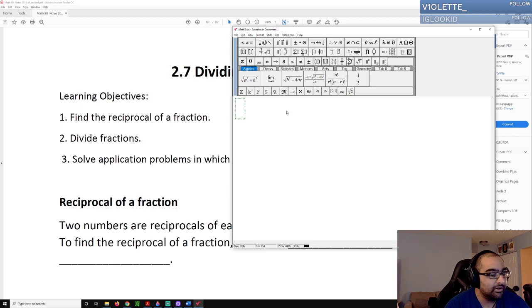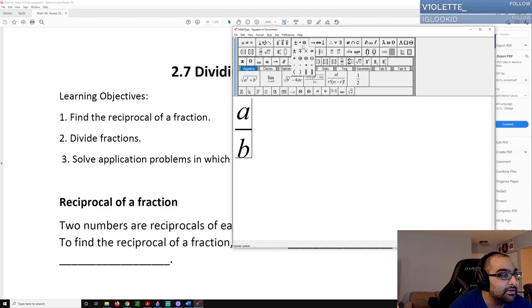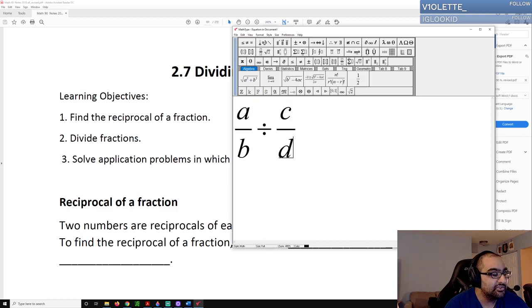As we took a look at the rule for multiplication, it works, maybe not exactly the same way. Let's put our letters here, a over b, divided by c over d. Now the problem is with division, you cannot divide straight across.